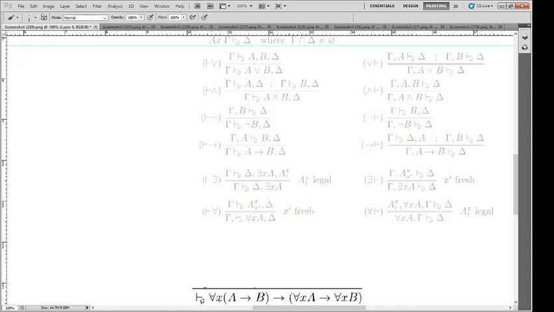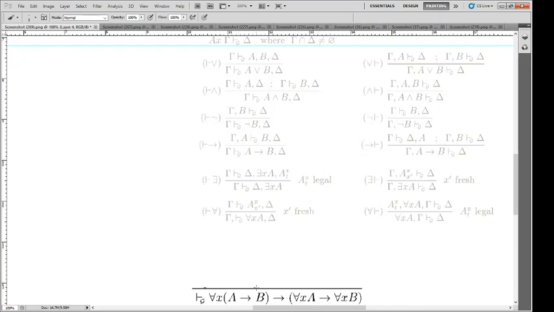When using rules to get rid of these for all quantifiers, it is important to note that the right for all quantifier and left existence quantifier both require fresh substitution. While the other two just require a legal substitution, the others need a fresh substitution. So it's always smart to start by using these two rules first, so that you don't have to start introducing fresh variables and just not completing your proof.